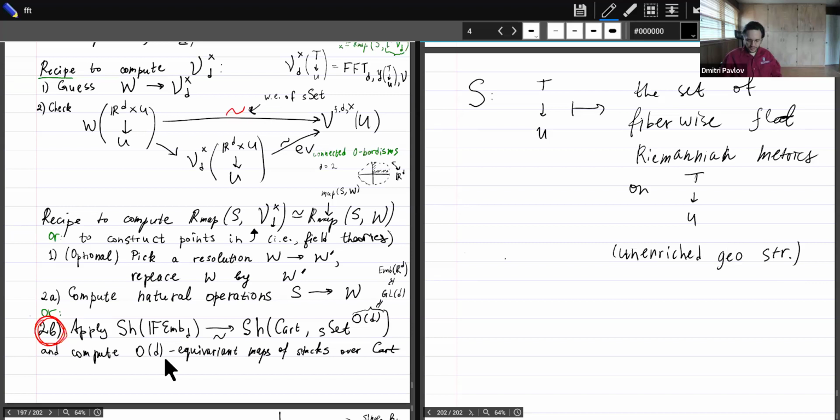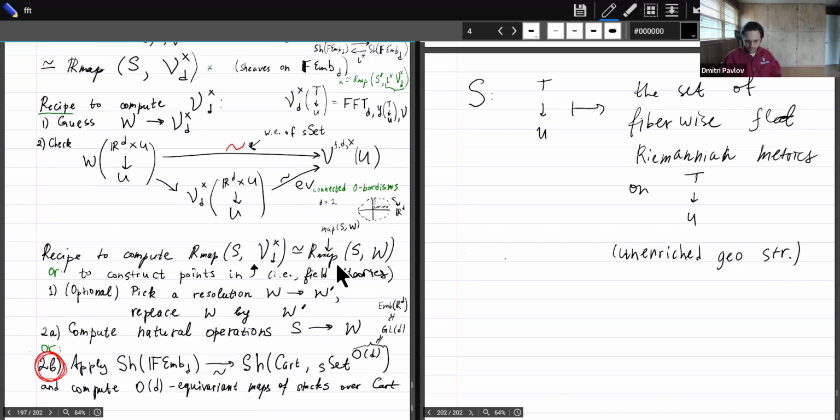And let's say we want to do some computations, and ultimately we want to compute this mapping space for some target V, doesn't matter which one.